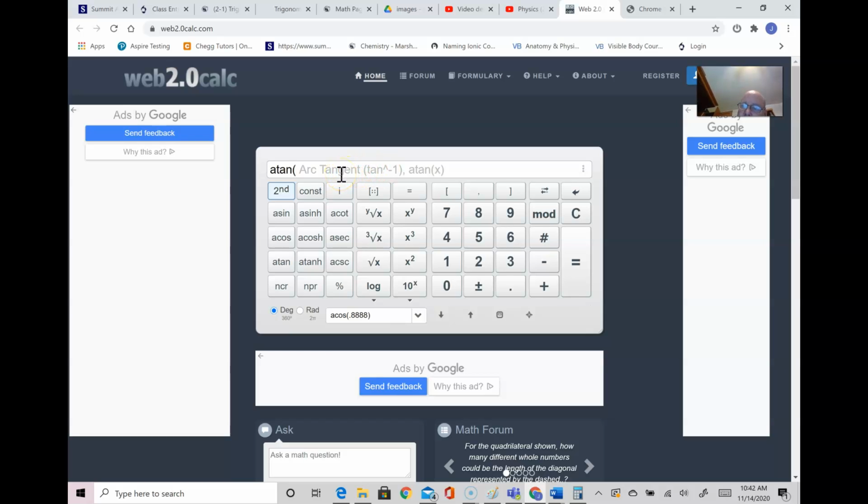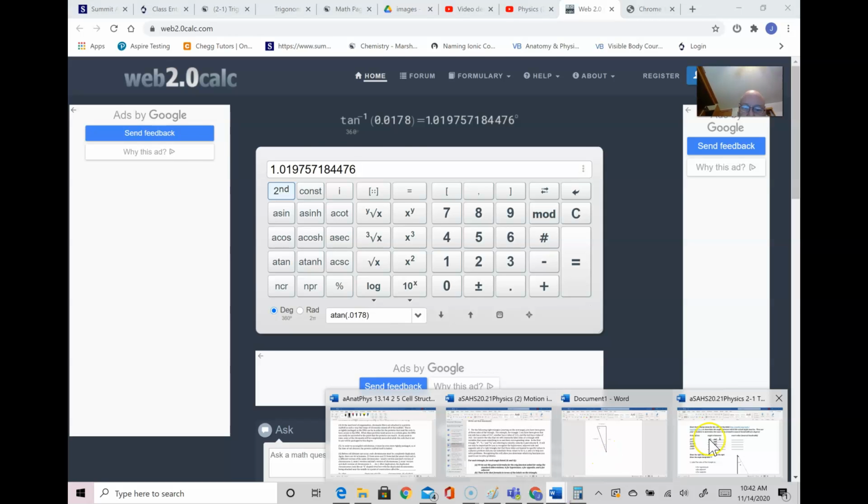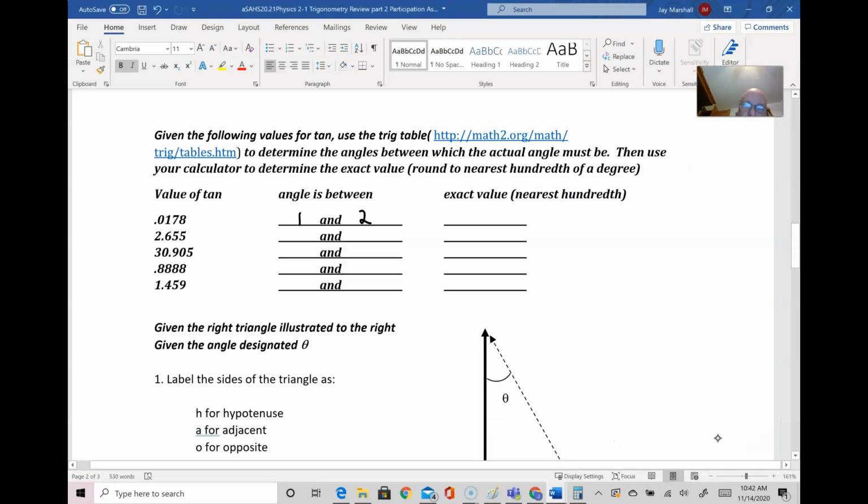And then I'm going to plug in my value, 0.0178, and hopefully this will give me a value between 1 and 2. And it does. It gives me 1.02. So I'll go to my value there and say 1.02 degrees.